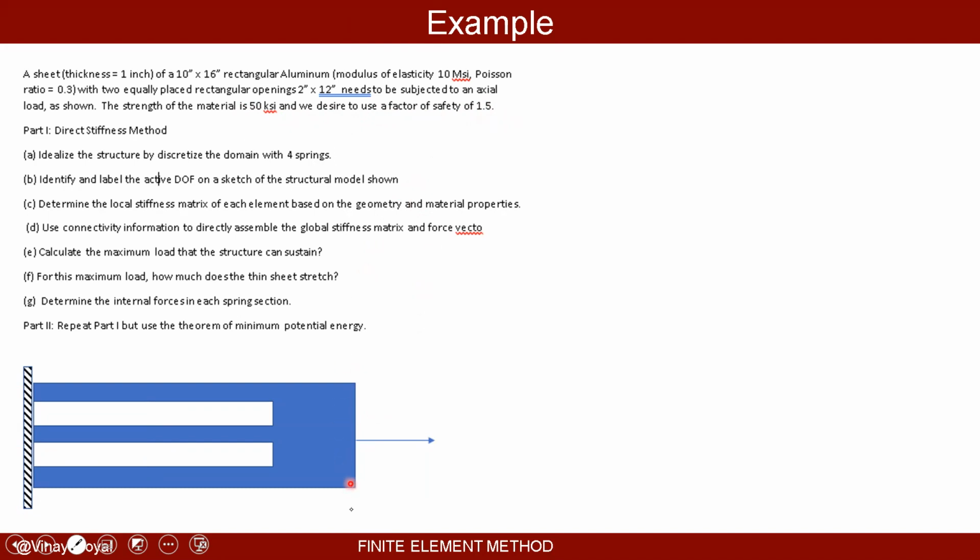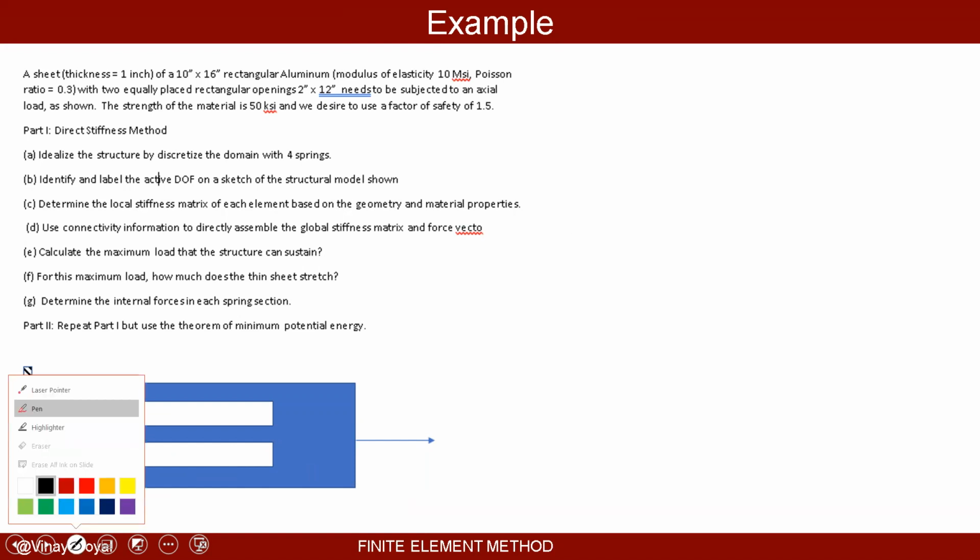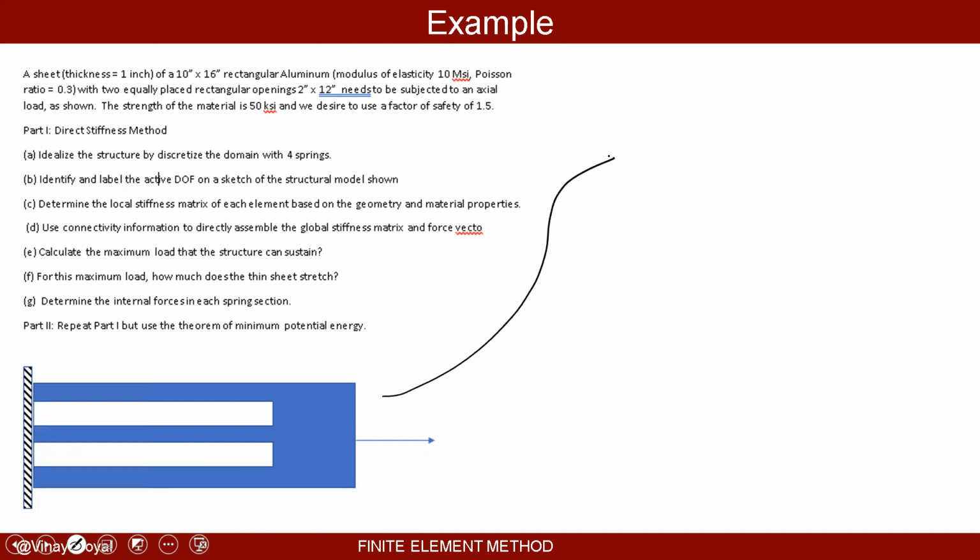All right. Okay. So as Professor Goyal was mentioning, in the direct method, the first step is to idealize the structure by springs. Each spring will represent different segments in the structure.